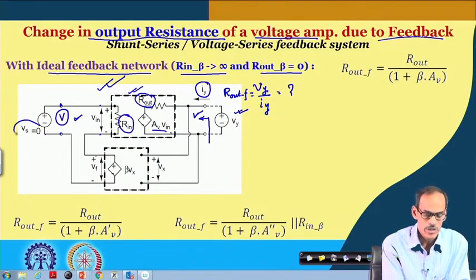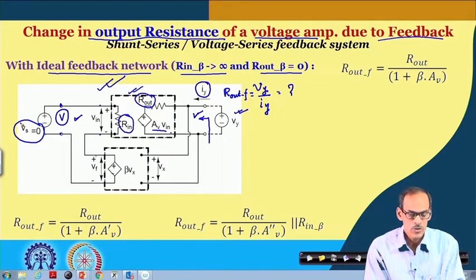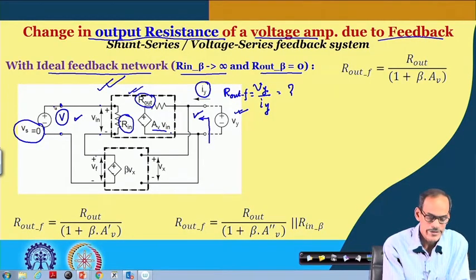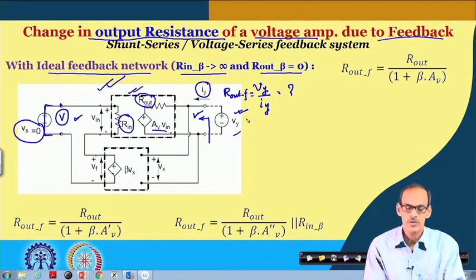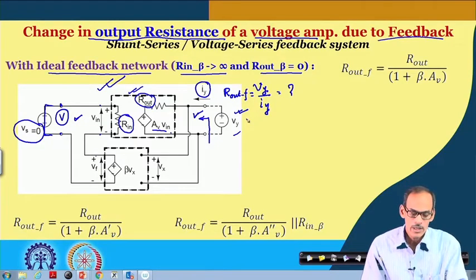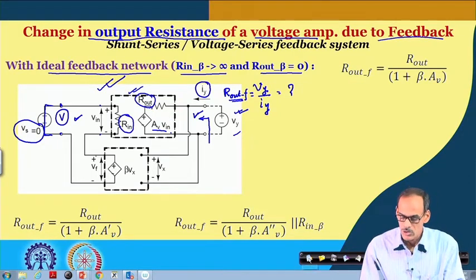However, we have to keep its signal magnitude at 0, which means that we are essentially shorting this input port while finding the output resistance. Now, that is the condition, and let me derive the expression of R_out_F in terms of R_out, A_V and beta.